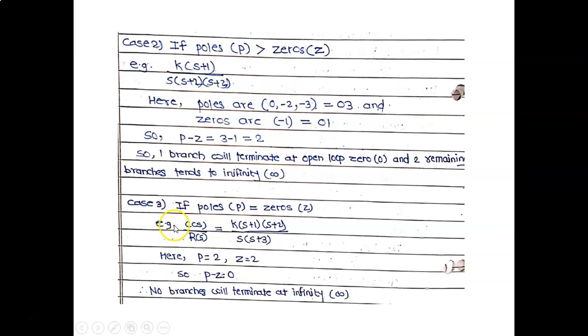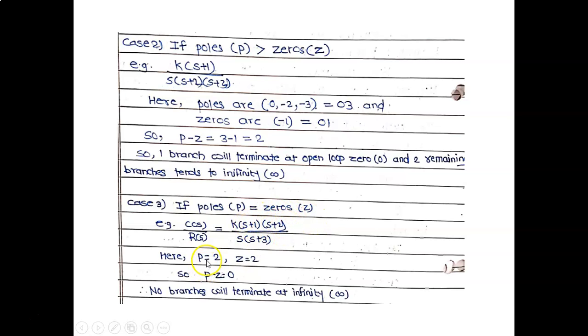Now case 3, if poles P is equal to zeros Z. Consider this equation, for example, C(s) upon R(s) is equal to K into bracket s plus 1 into s plus 2 divided by s into bracket s plus 3. Here P is equal to 2 because 2 s terms are there in the denominator, and Z is equal to 2, that is 2 terms are there in the numerator, that is s is equal to minus 1 and s is equal to minus 2.